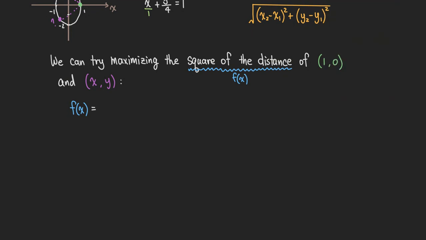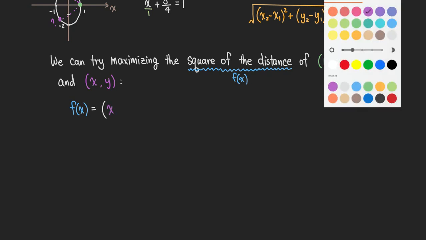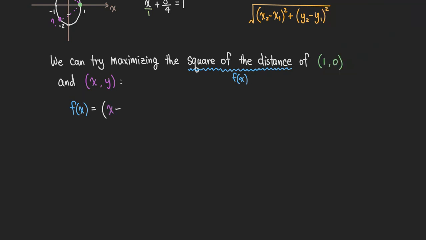That's equal to, now because we want the square of the distance, that means we're squaring the square root, so we don't need to worry about the square root anymore. We only need to worry about the stuff that's on the inside. So we are going to have the difference between the two x values. Usually I will put the unknown first, so that will be the x value right here. And then minus the x value for the green point, which is just the 1, because we're finding the distance between the 2 points, right?